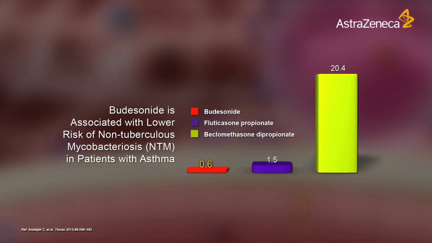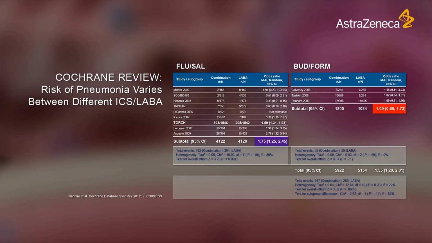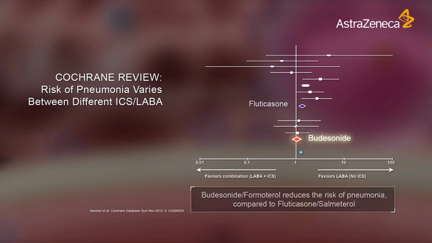Recent studies show that budesonide is associated with lower risk of non-tuberculous mycobacteria in asthma patients. A Cochrane review also reveals that budesonide-formoterol combination reduces the risk of pneumonia compared to fluticasone-salmeterol combination.